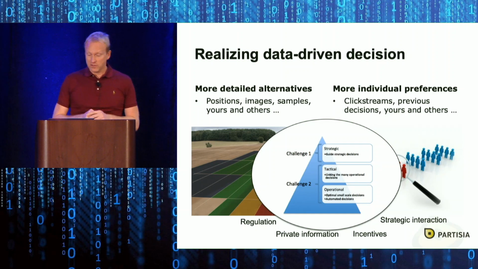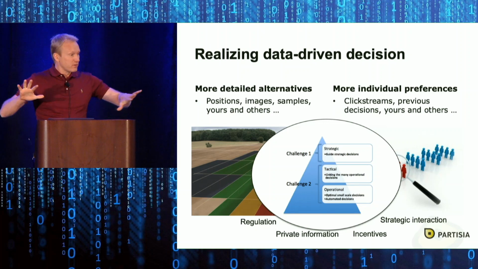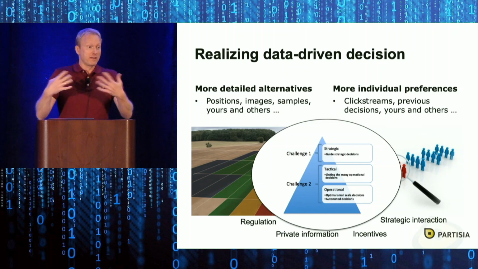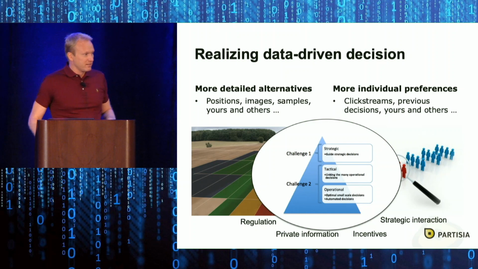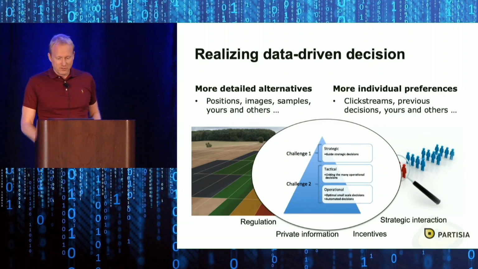You have privacy concerns. There are regulatory concerns. There's a number of concerns about the data that realize these better decisions. So somehow we need to mediate between keeping these data private and using the data to make better decisions.